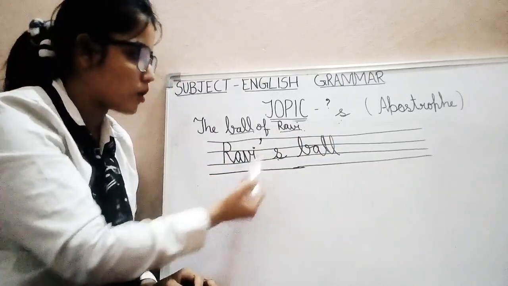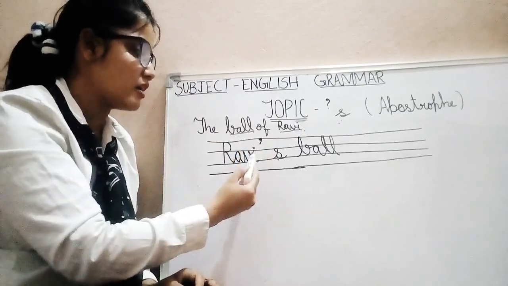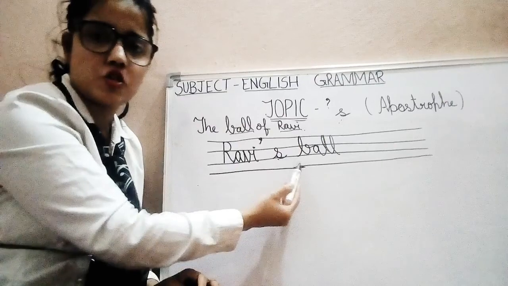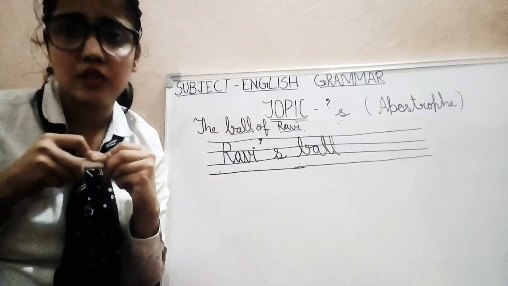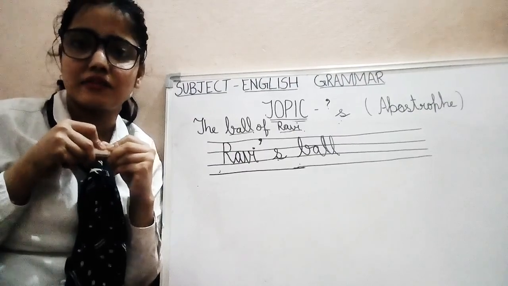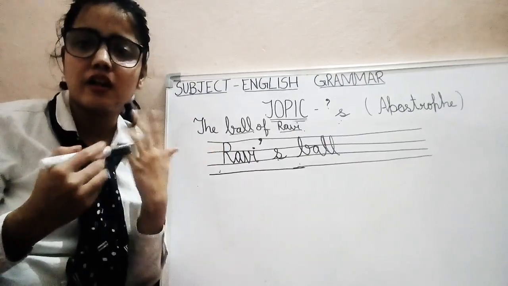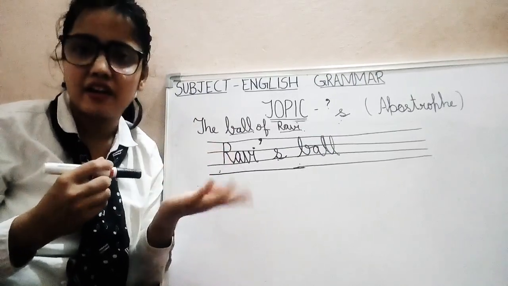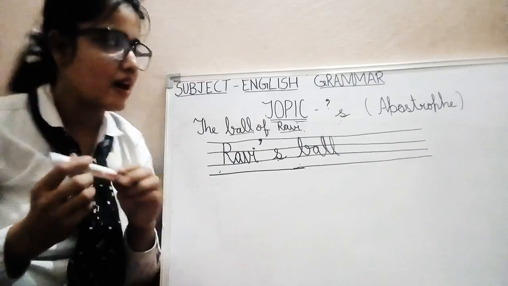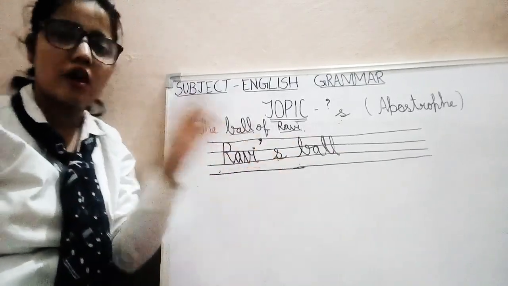In this way you put the apostrophe sign and you write S between two nouns. Okay, so we also use apostrophe and S to show relation, like Raghu's aunt or Preeti's friend. Okay, in this way.